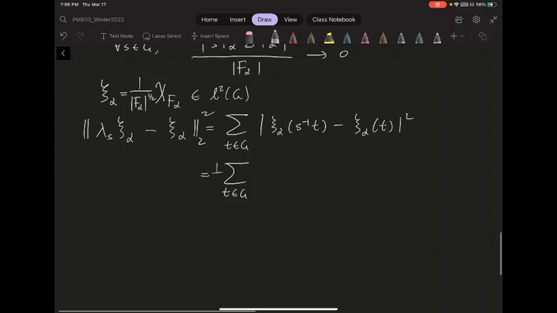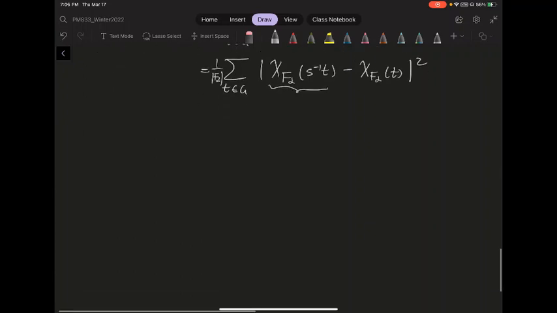So let's move that out. That's 1 over the size of F alpha, taken out of the summation. And this is the characteristic function of F alpha at s inverse t, minus the characteristic function of F alpha evaluated at t, the whole thing squared. And what is the first one? Well, it's kind of trivial now. We've done this calculation before. This one is either 1 or 0.